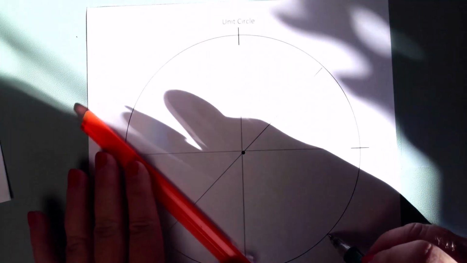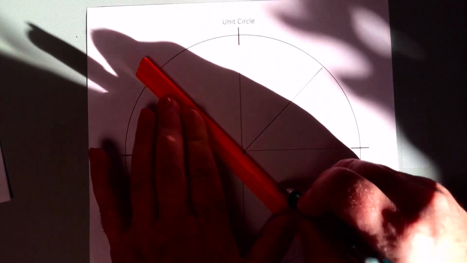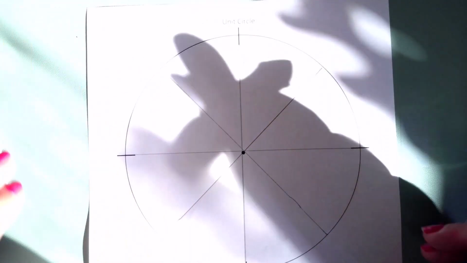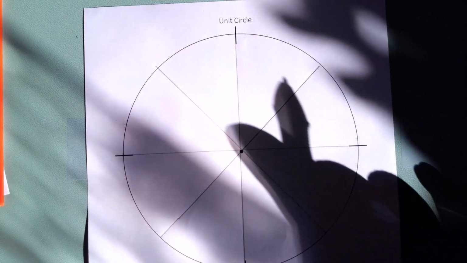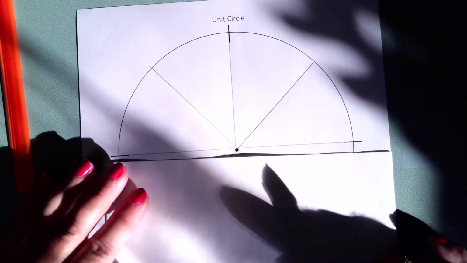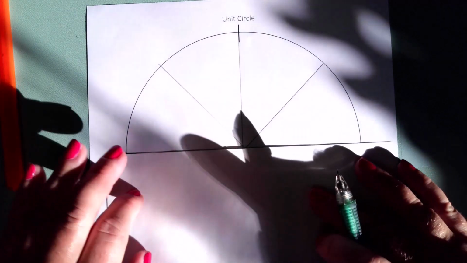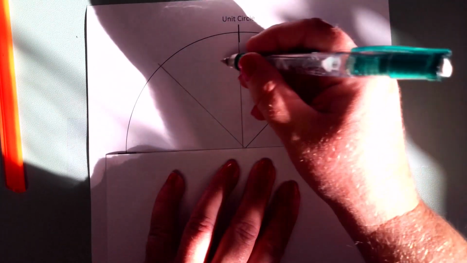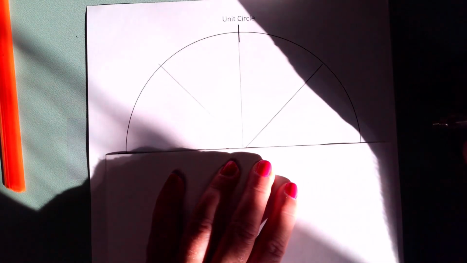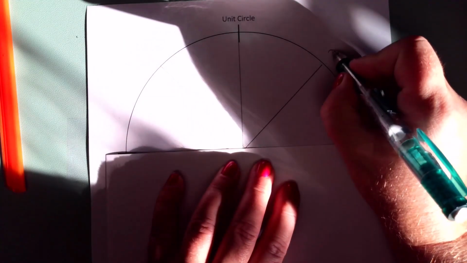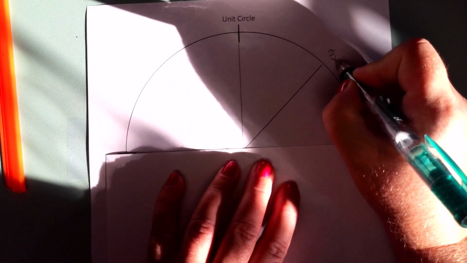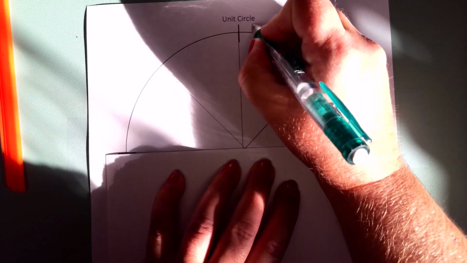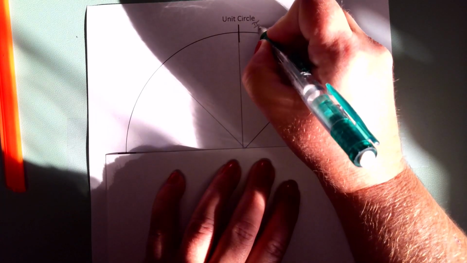So again, just thinking about the top half of this circle is 1 pi. This is 1 pi, and we have divided this up into fourths. So this is pi over 4, 1 pi over 4, 2 pi over 4, which is pi over 2.